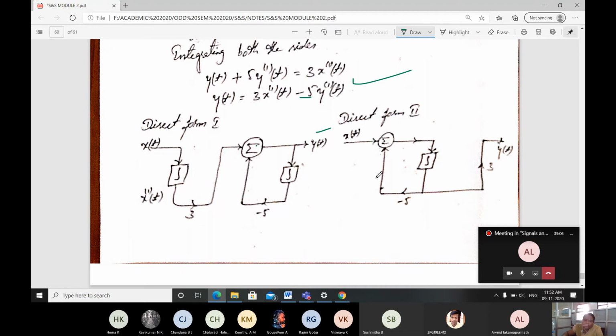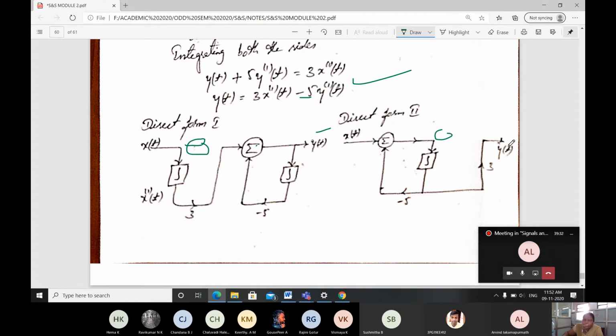What about direct form 2? Instead of going for 2 integrations, combining to 1. Okay, x of t, 1 integration, here you will be getting, this is our a term, right? Minus 5 and b is 3. Observe here we don't have the other parameter, here it will be 0. For that reason it will be 0.